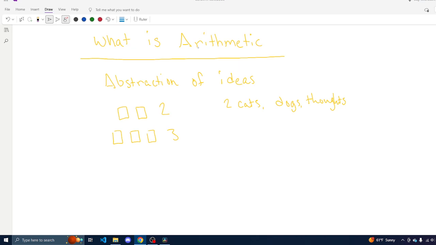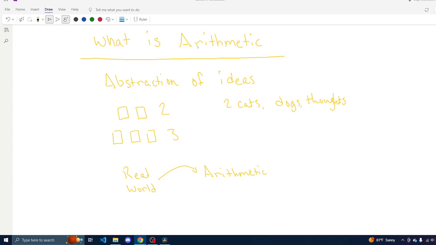And this is kind of the model that we follow with math, especially arithmetic. We start with a real-world idea, and then we go from the real world to the mathematical, or in this case, the arithmetic concept, the abstraction.